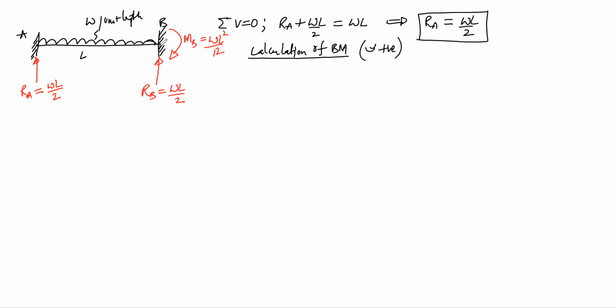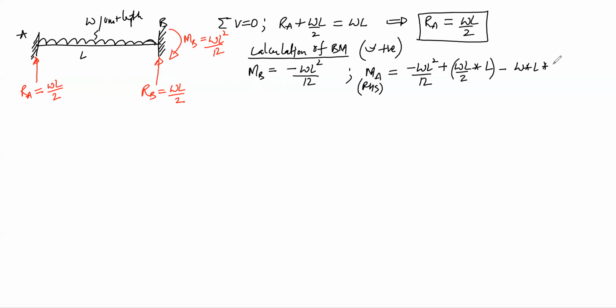So here we already know at point B the bending moment is hogging WL square by 12, so it is minus WL square by 12, and at point A the bending moment will be, if we consider right hand side, so this will be hogging WL square by 12, RB into L, which is sagging, so that is plus WL by 2 into L, and due to the UDL it will be a hogging bending moment, that is W into L by 2, so it is minus W into L by 2.